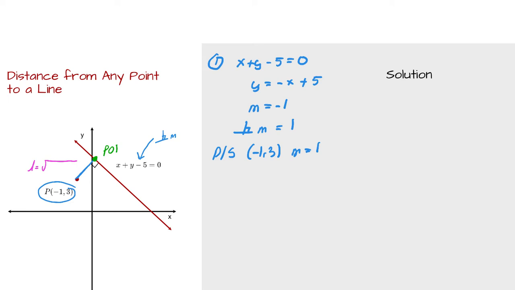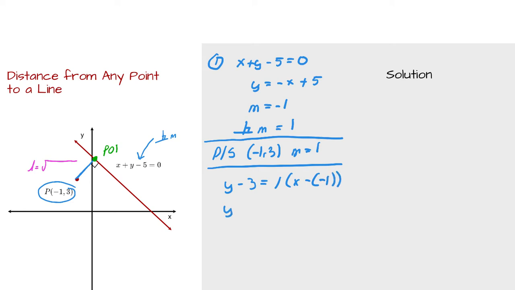Going into point slope now, I have enough information. So y minus 3 equals 1, x minus negative 1. I'm going to tidy up the right-hand side. If I'm multiplying through by 1, it's exactly what I see.